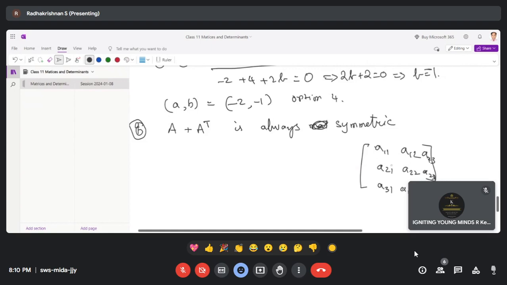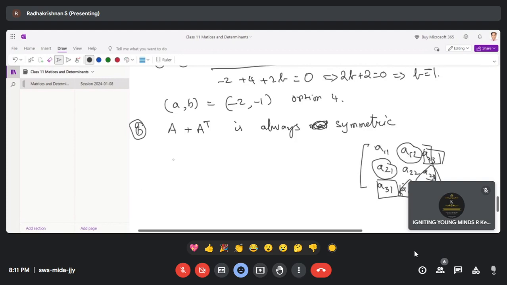So that means this element should be equal to this element. A21 equal to A12, A31 should be equal to A13, A32 equal to A23. Okay. So if these conditions are satisfied, the transpose will be equal to the matrix itself. So A plus A transpose will be in this nature. It will be symmetric.